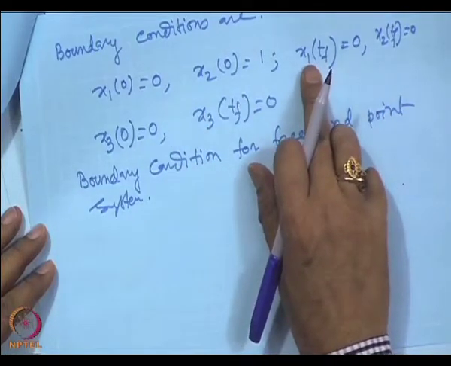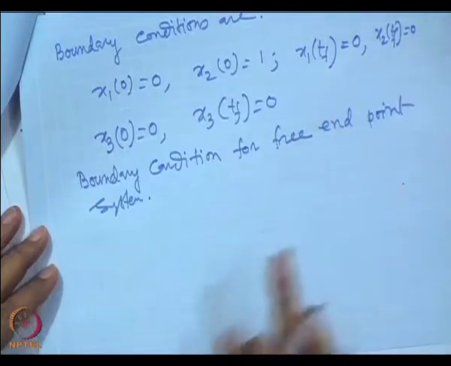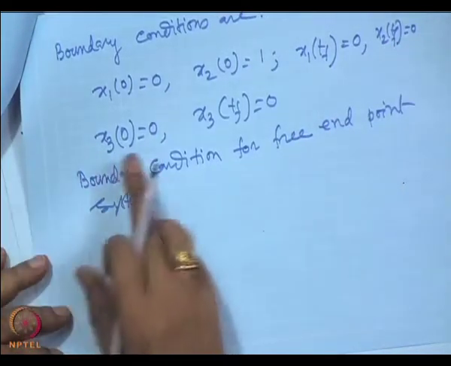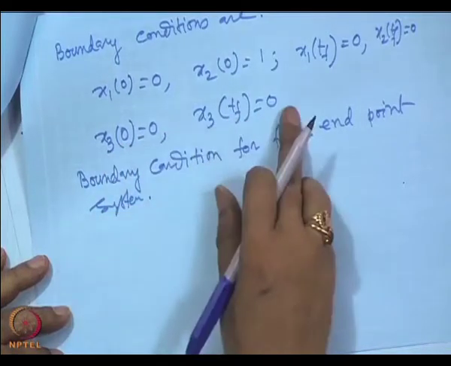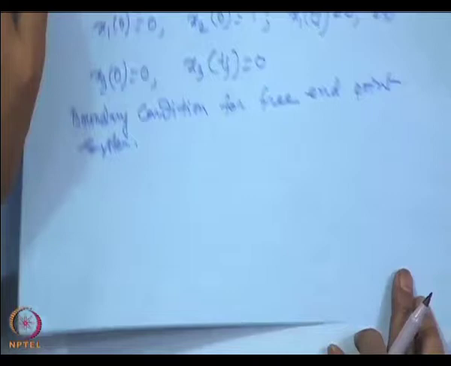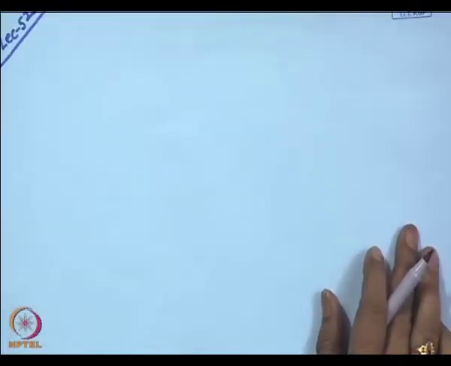So, our final state is x 1 of t f is 0, x 2 of t f is 0, and from our boundary condition x 3 of t f is 0. And another boundary condition from the free end point, we will get that one.